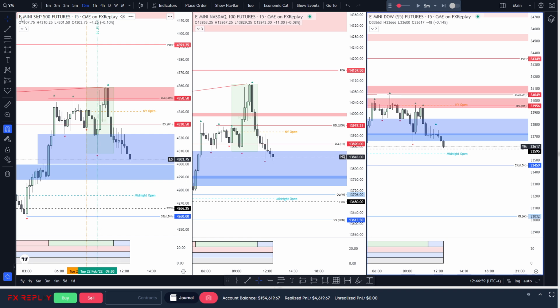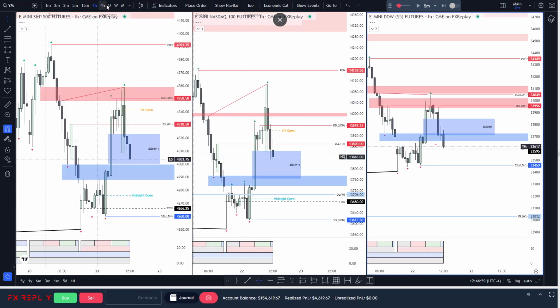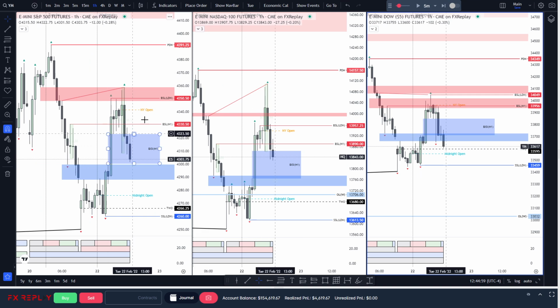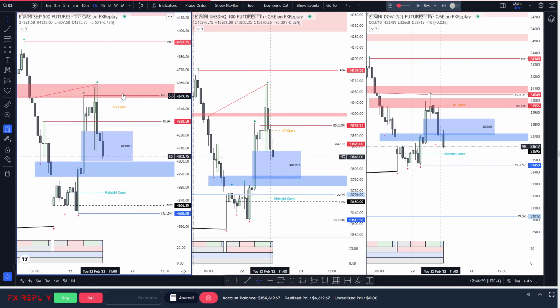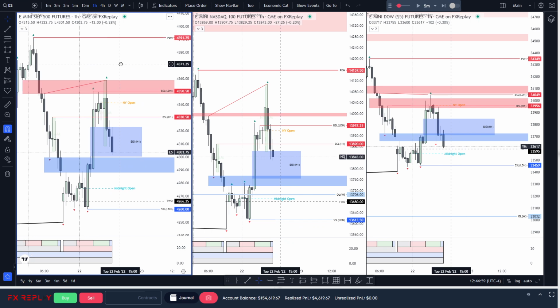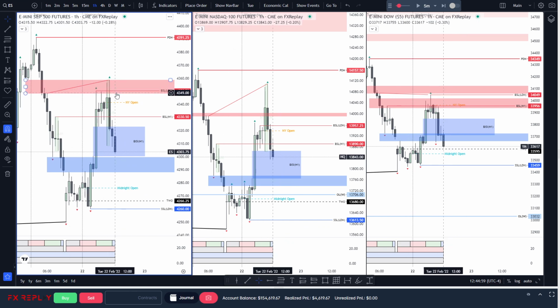The market traded up into, certainly for ES, if we just pan out to the hourly, we've got the H4 SIBI here. The market traded up into that. We did have SMT with YM. And then the market ultimately repriced lower.